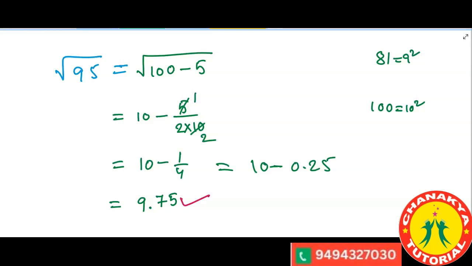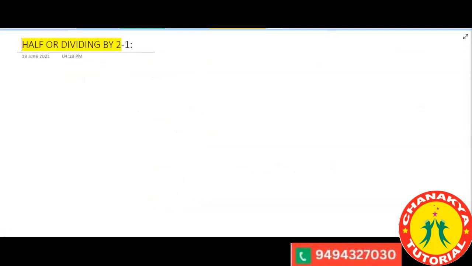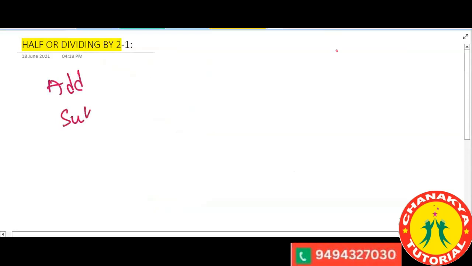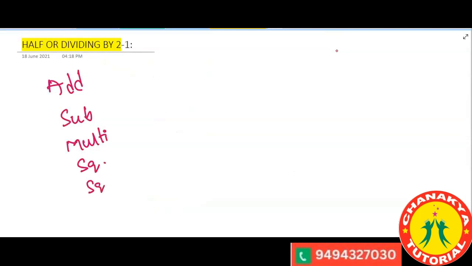Okay, then we'll start a new operation. What is that? Division. So far we have completed additions, subtractions, multiplications, and squares and square roots.